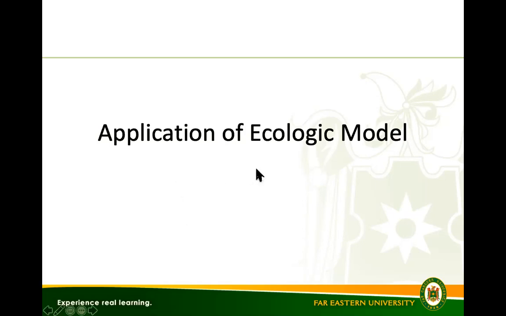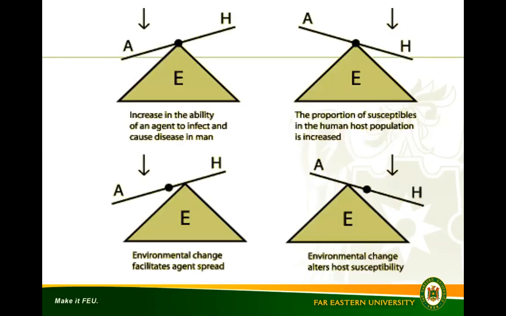Now, to further understand how we apply these different models, let's take a look at the epidemiologic lever. The epidemiologic lever, or the lever model, uses the epidemiologic triad or the epidemiologic triangle.